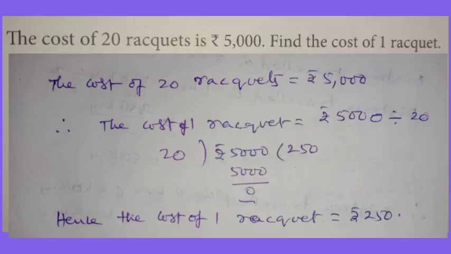The cost of 20 racquets is rupees 5000. Find the cost of one racquet. Solution. Cost of 20 racquets is rupees 5000. Therefore, cost of one racquet is rupees 5000 divided by 20. Now, rupees 5000 divided by 20 is 250. Hence, the cost of one racquet is rupees 250.